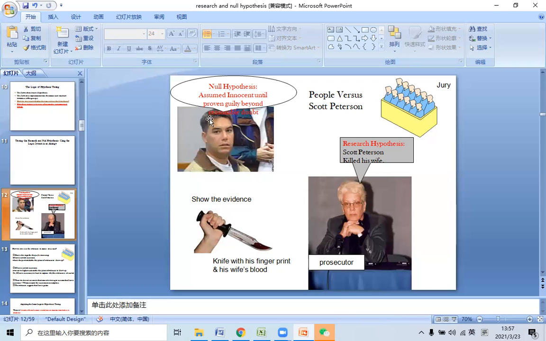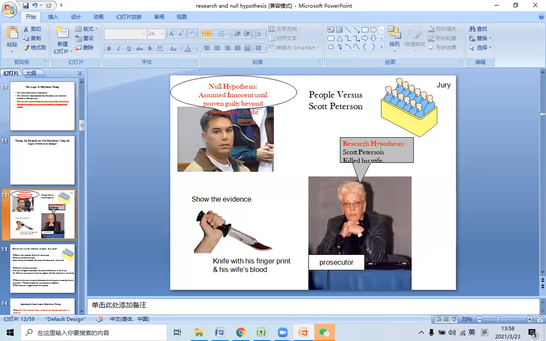Given the null hypothesis, if the evidence is highly unlikely, then you would reject the null hypothesis. The hypothesis that you are innocent doesn't stand the test of evidence. We need to reject your null hypothesis, the innocent hypothesis, and we support the prosecutor, the guilty hypothesis, or the research hypothesis.